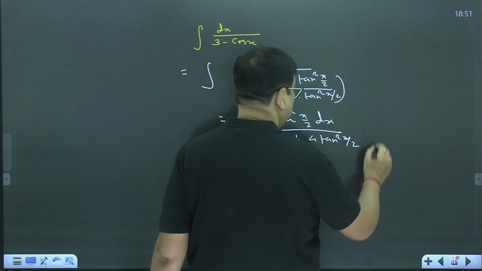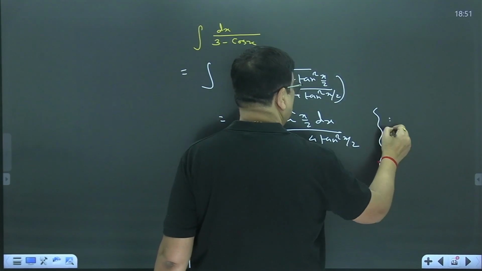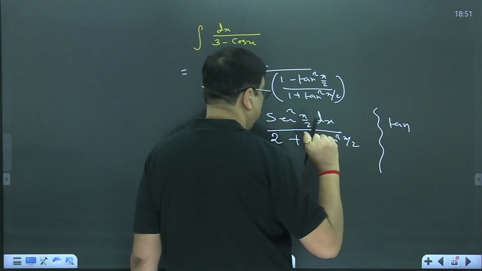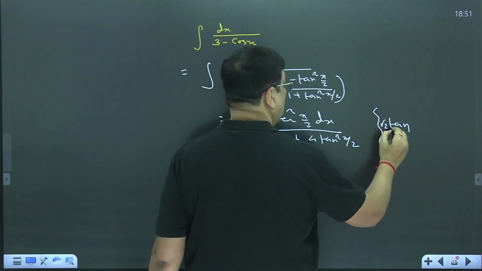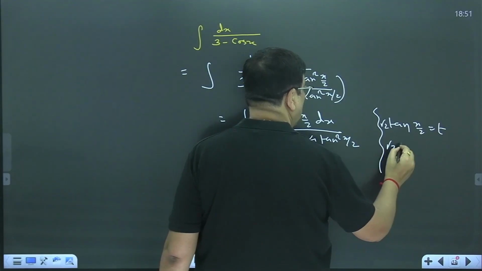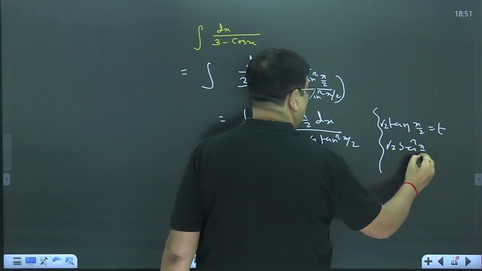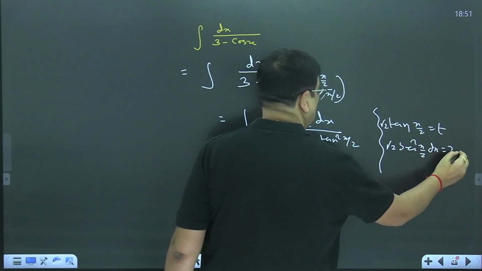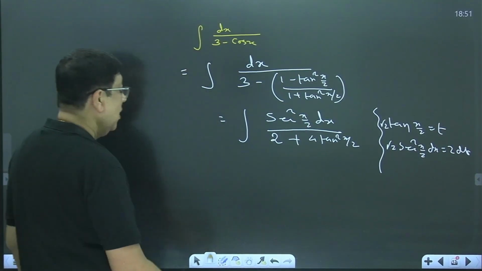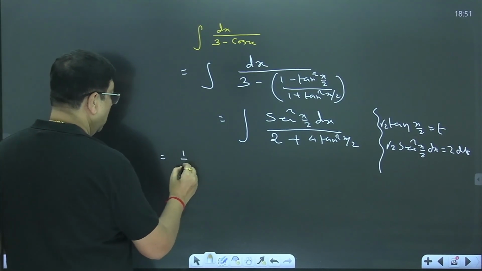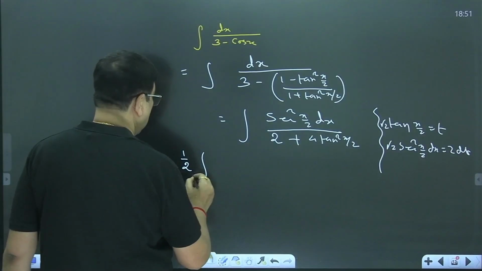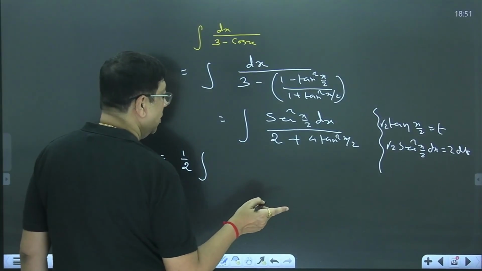Therefore, I can write root 2 tan x by 2, with tan x by 2 equal to t, that is root 2 sec square x by 2 dx equal to 2 dt, so the denominator 2 comes to the right hand side. I am taking 2 out, and sec square x dx is 2 by 2 out.